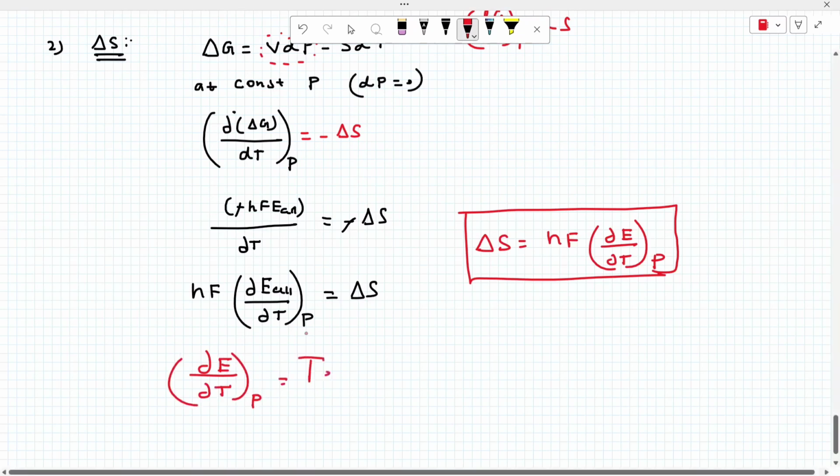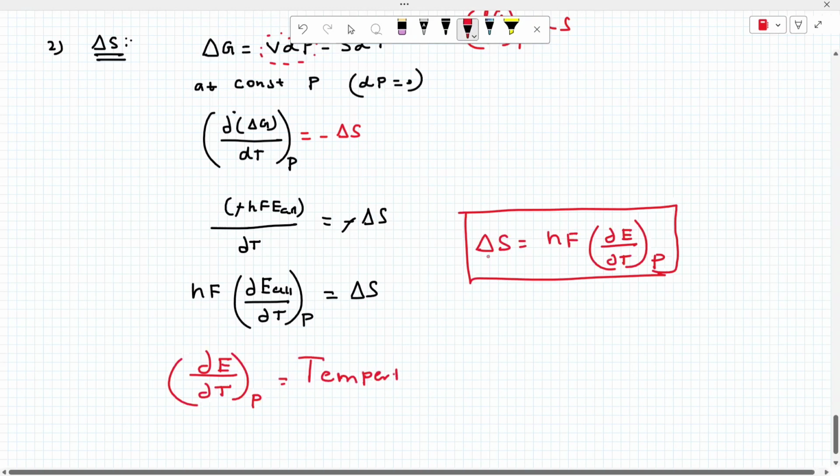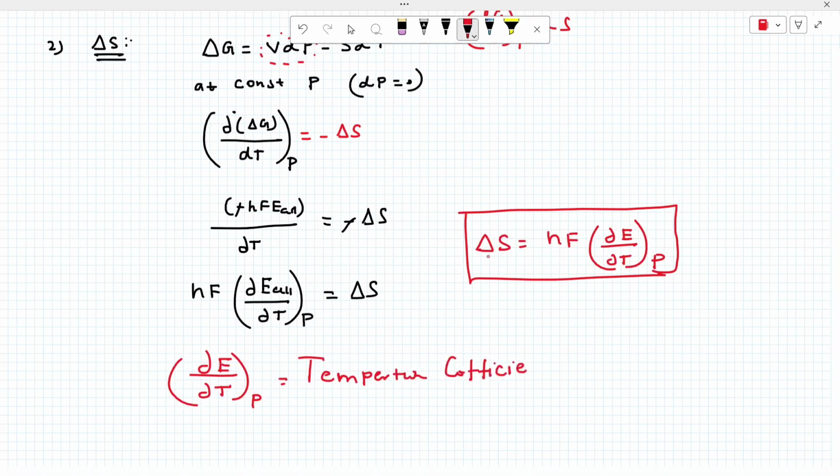Temperature coefficient. Temperature coefficient. Very important, please note. Therefore, what is the formula? Dou E by dou T at constant pressure is equal to delta S by nF.